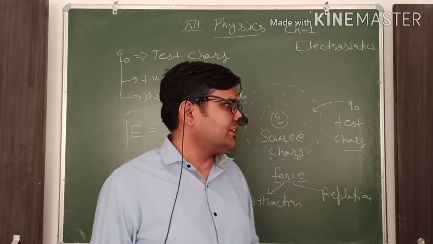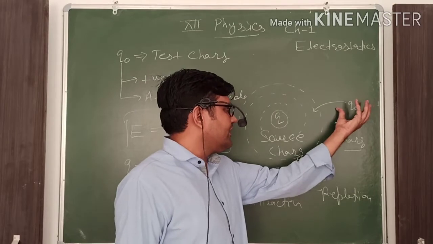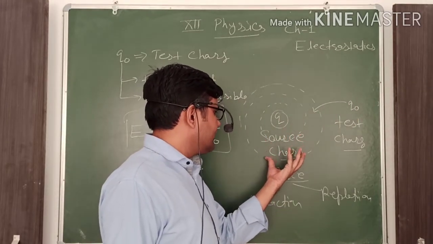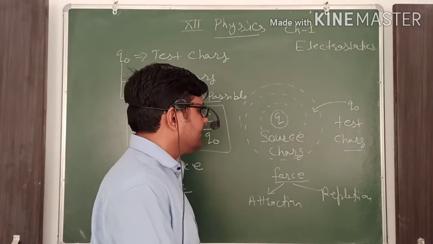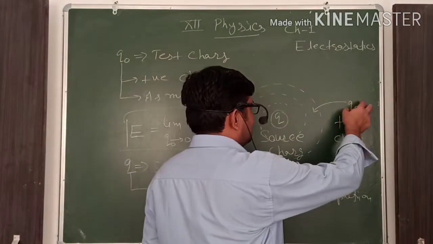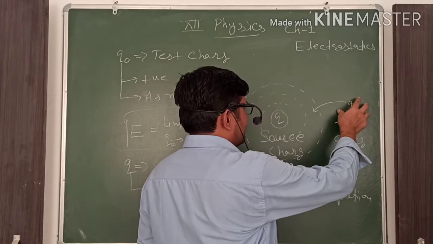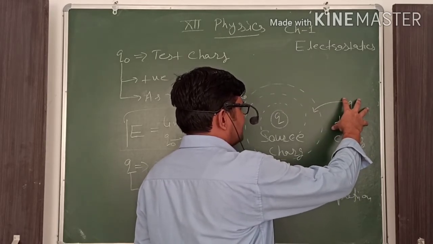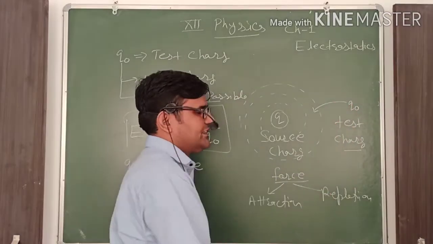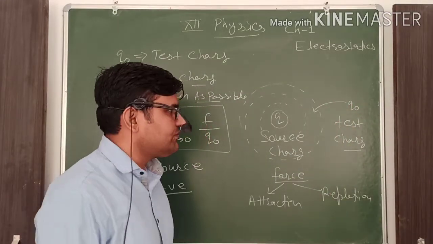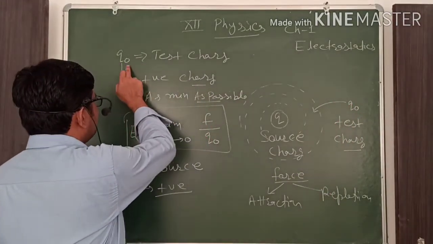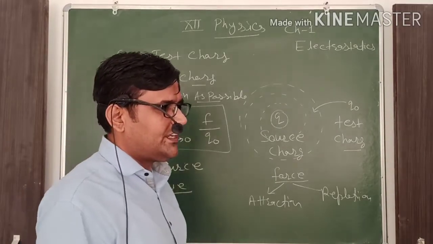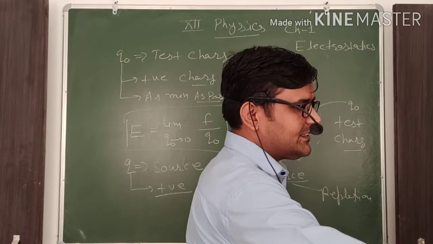If it has its own electric field as well as the source charge, then we cannot consider it a test charge, because if it has an electric field for itself, it is considered a source charge. That's why we consider the test charge positive, and its value is taken as minimum as possible.